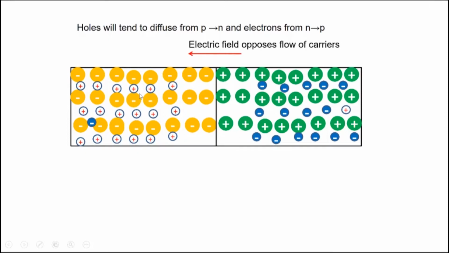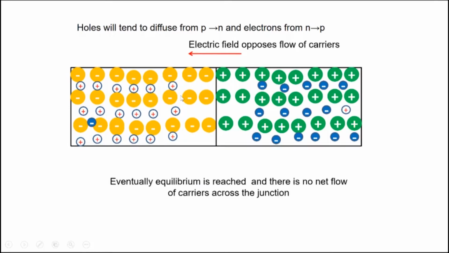The tendency of a hole to move to the right, to the N region, because of the concentration gradient is opposed by the electric field, which tries to push away the holes and cause them to remain in the P region. When the two effects cancel each other, we reach the equilibrium condition where there's no net flow of carriers across the junction. So, no net movement of carriers.